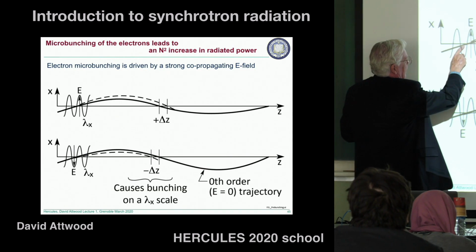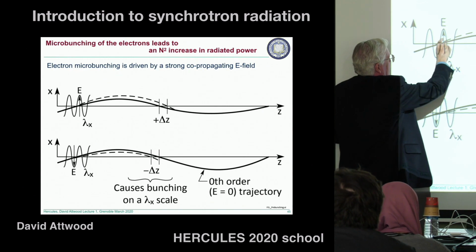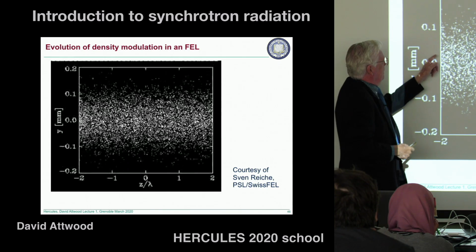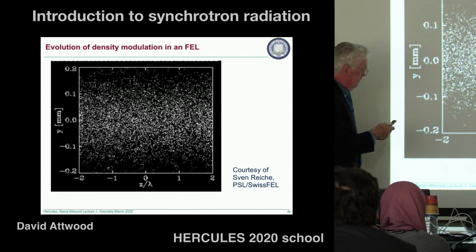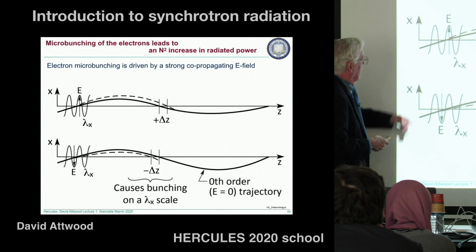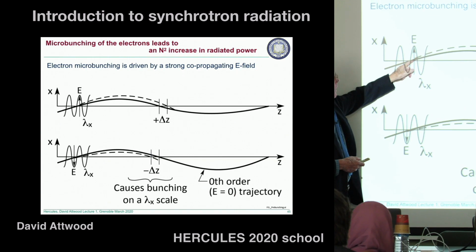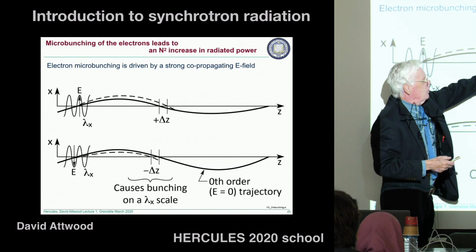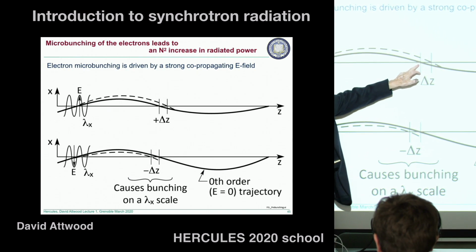If this electron, as it crosses the axis, is in a region of phase where this electric field is pointing up, then it gets a kick. The electric field gives it a kick up, and now the electron goes on this dashed line, and it comes back to the axis a little bit further along than the original crossing point.